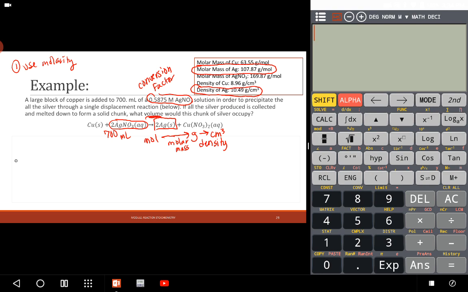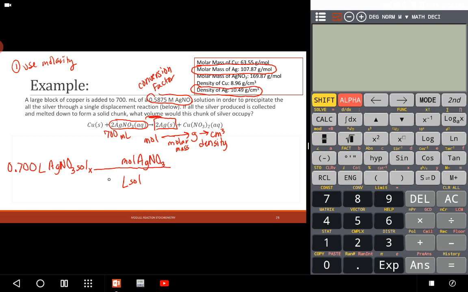So those are the two pieces of information I think I need from that table. So let's go ahead and get started. So that is 0.700 liters of the AgNO3 solution. I need to cancel out my liters of solution to get into moles of the solute.